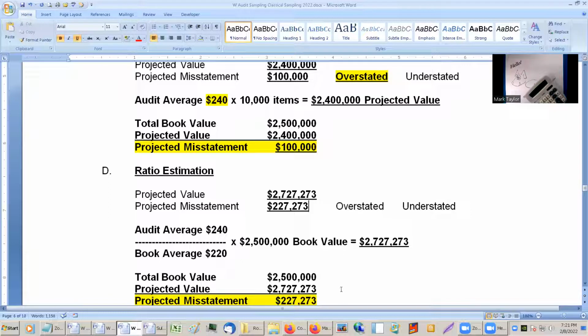What do you think? We're saying they should be 2,727,000. They have 2,500,000 on the books. No, it's understated. It's understated.